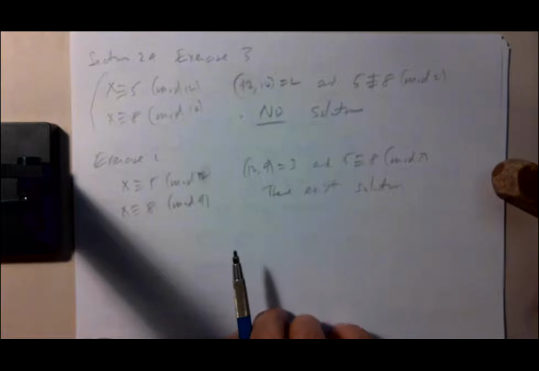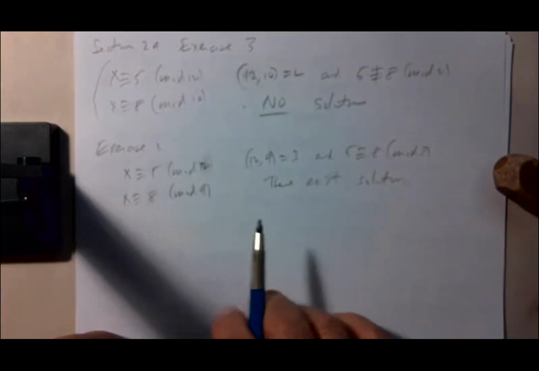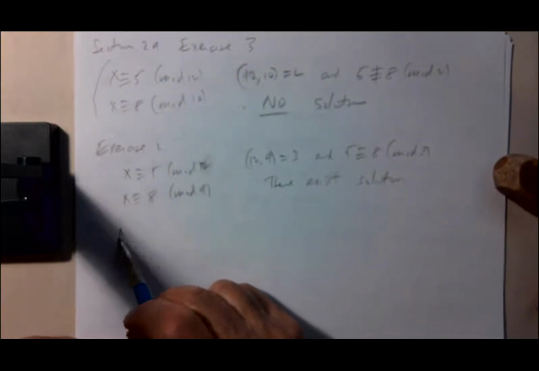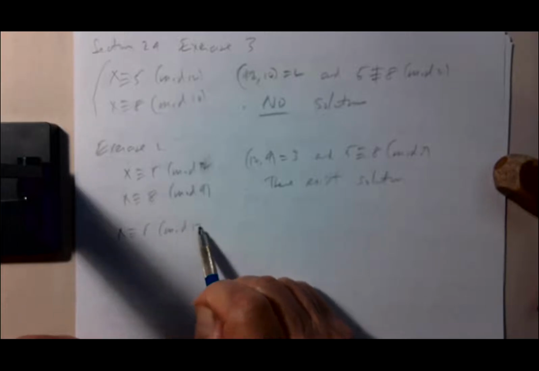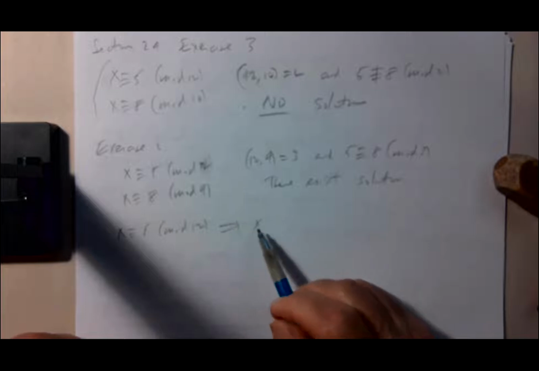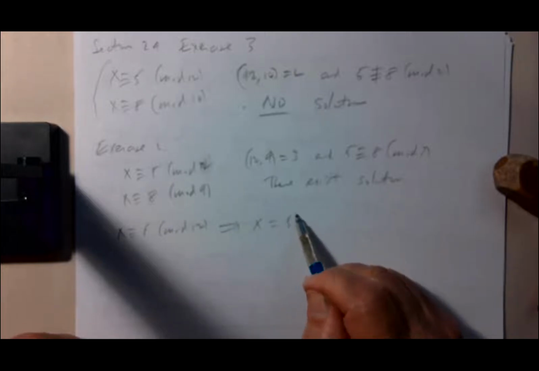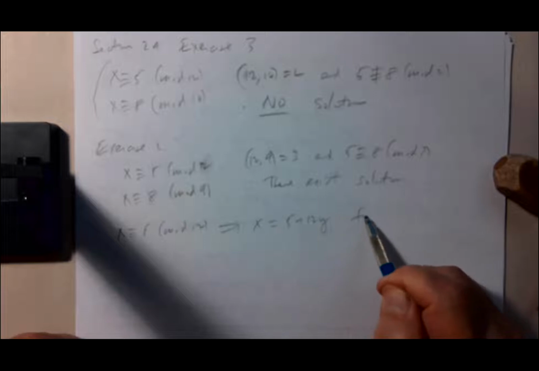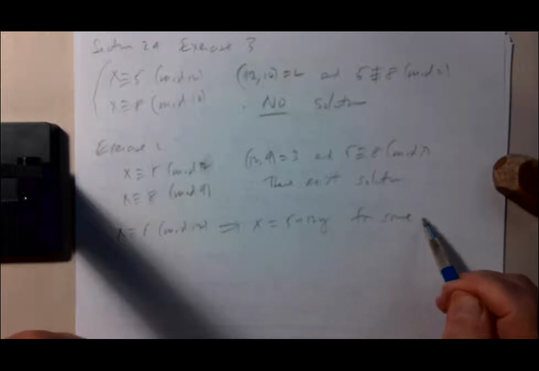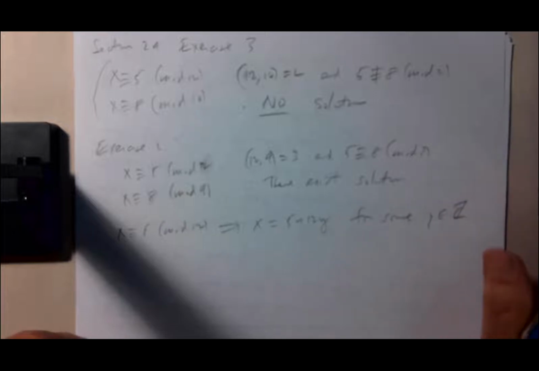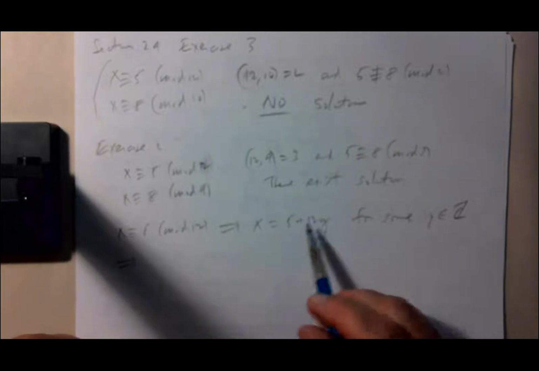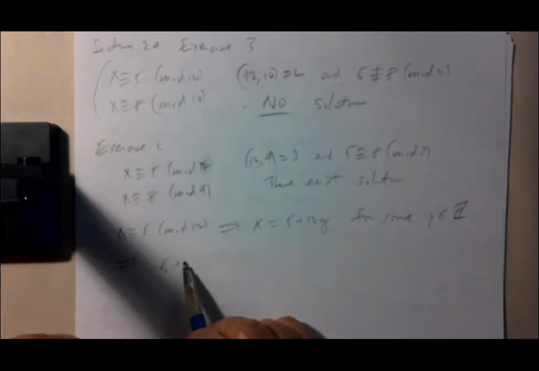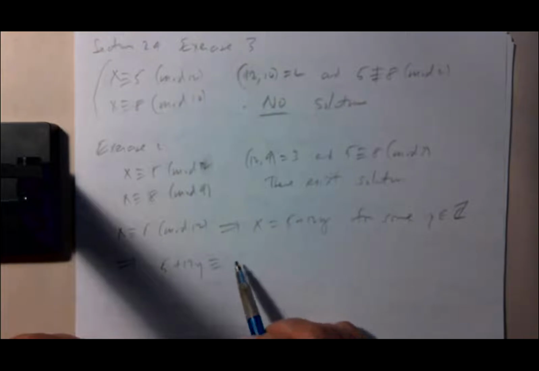One way to find a solution is just to argue as follows. If x is congruent to 5 mod 12, then x is an integer of the form 5 plus 12 times y for some integer y.